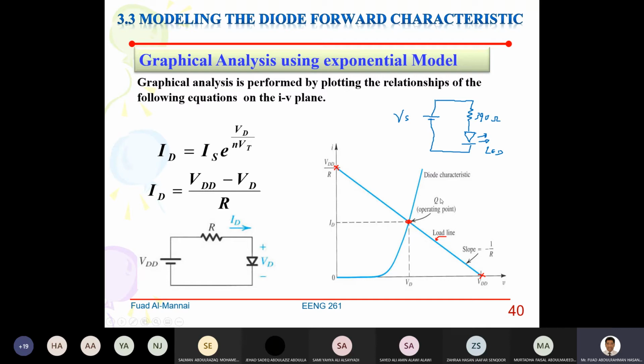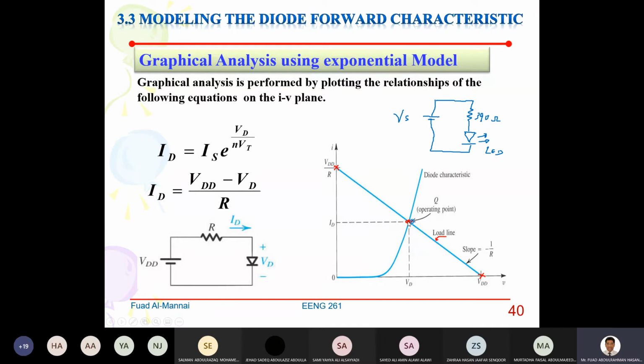What does Q point stand for? Q point means quiescent point. What does that mean? It means that at this point, your amplifier is quiet, very quiet. We'll get into that in more detail.